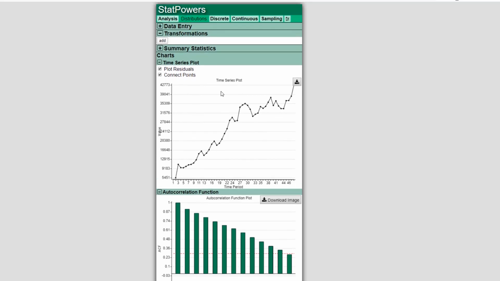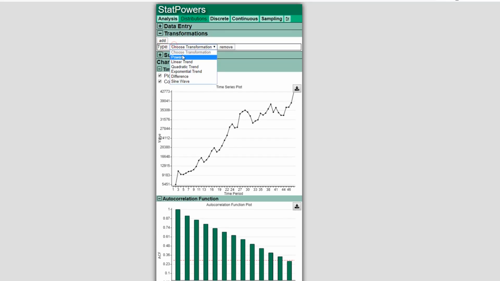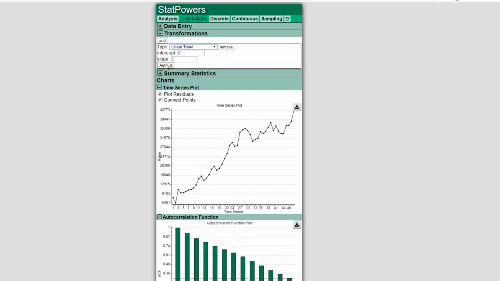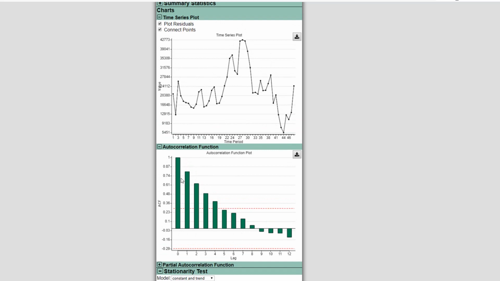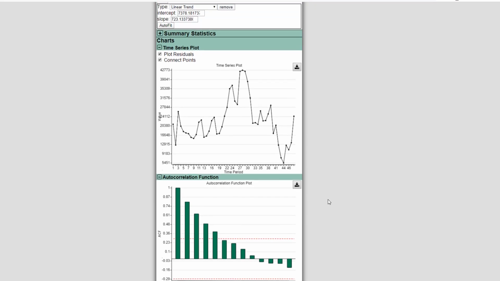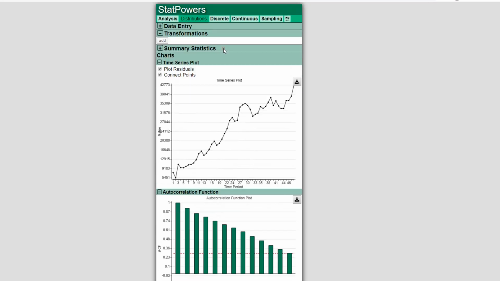If I add back that linear trend transformation, we still have a pretty high correlation with the values that came before them. So just adding a linear trend doesn't account for all of the autocorrelation, but the differences did.